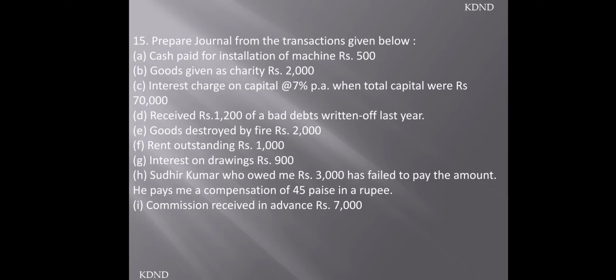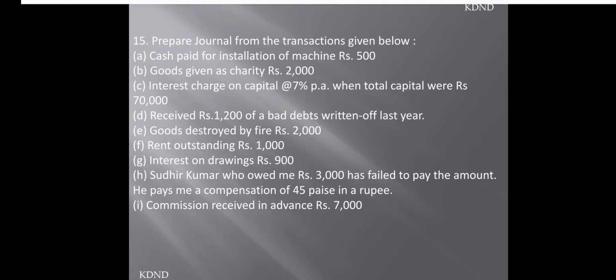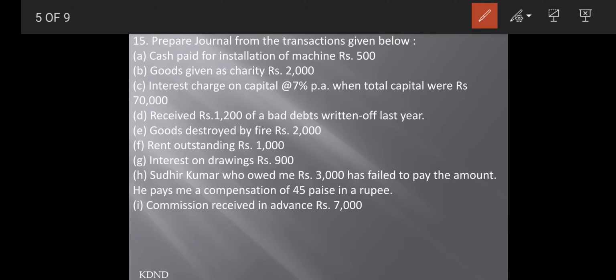Interest on drawings. Here it is a reversal effect of the liability for drawings. How will it work out? The owner is getting money from the business, right? Because it is termed as drawings, and at the same time the owner is paying interest on that.